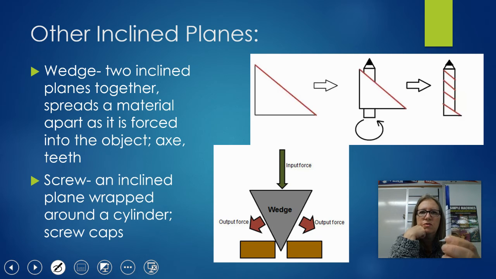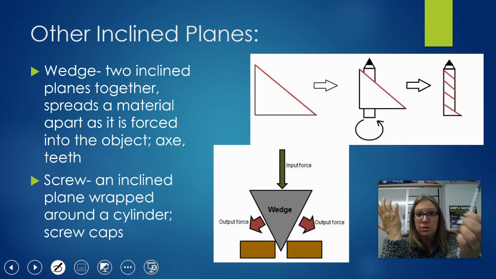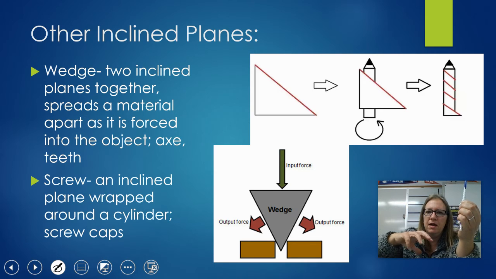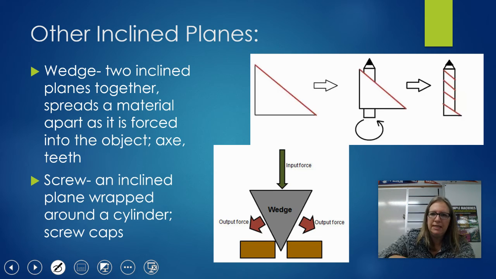So basically the threads on a screw are nothing more than an inclined plane wrapped around a cylinder, okay? So screws themselves are an example, but also anytime you have a screw cap, if you think about putting a lid directly onto a container, it takes more force to get on there versus just twisting it into place, okay?